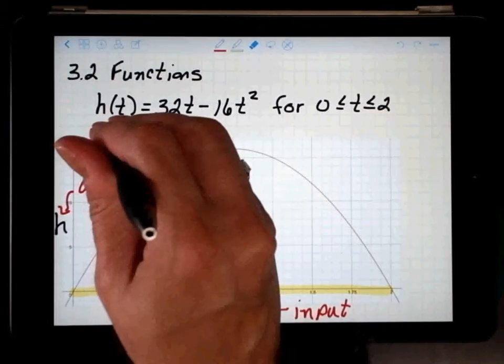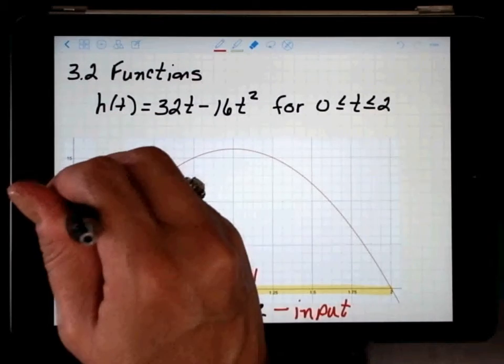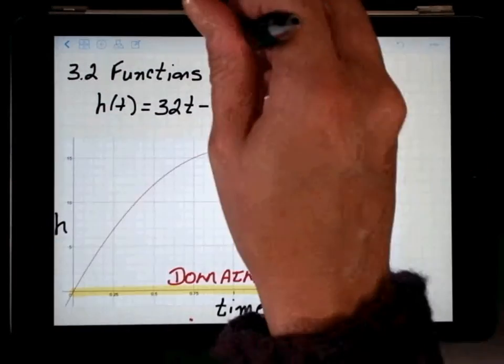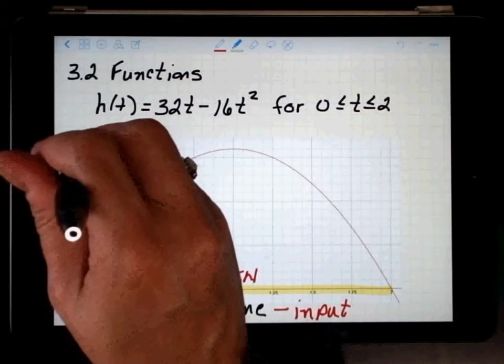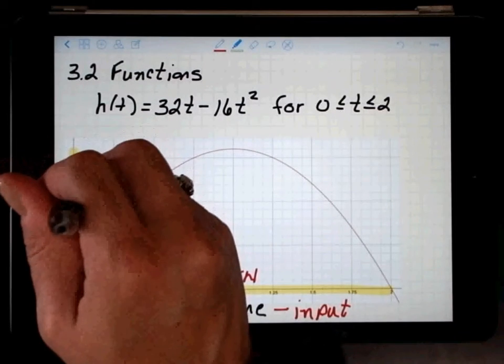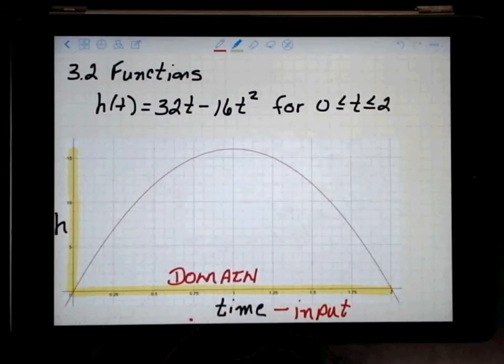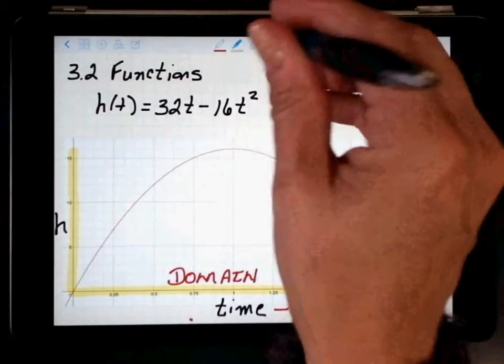Now, the numbers that we get out, we can only get out numbers between 0 and 16 on this example. The ball never goes any higher than 16 feet or any lower than 0 because we've marked 0 as the height of Kendra's hands.